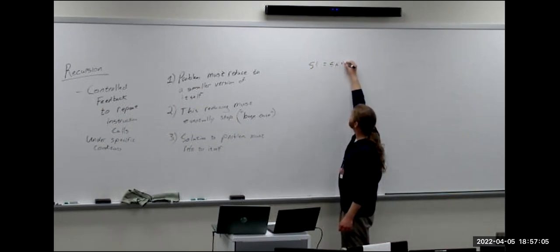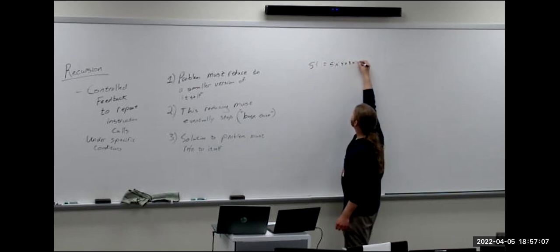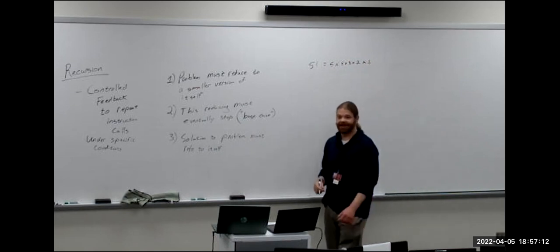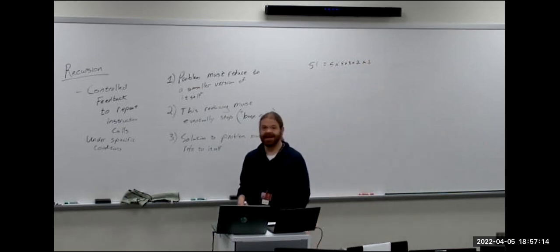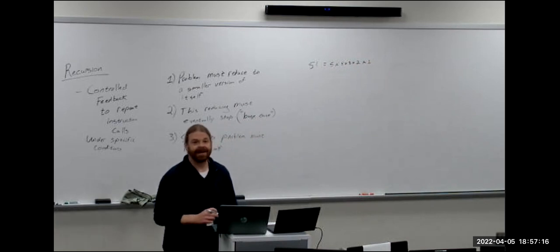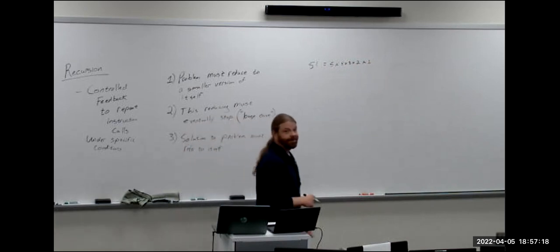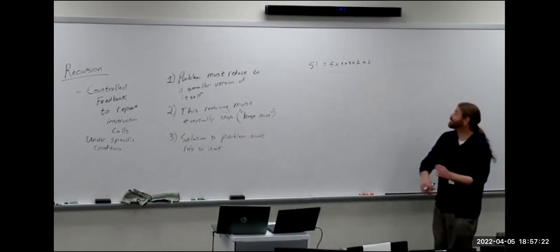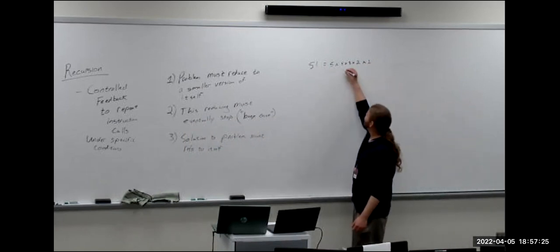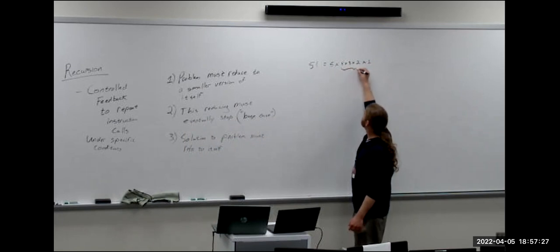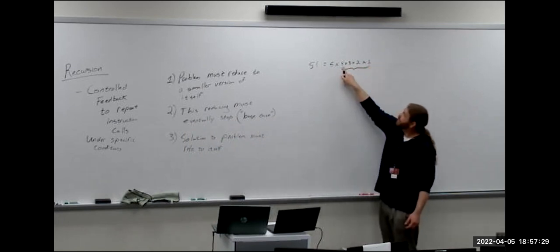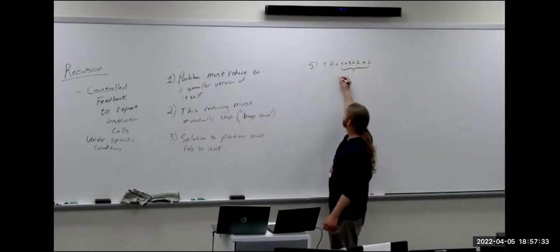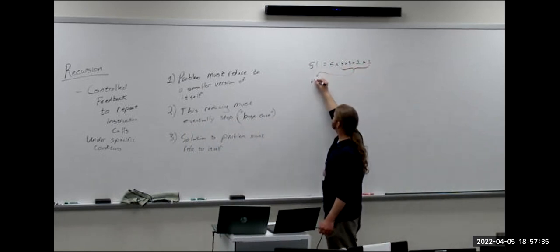So 5 times 4 times 3 times 2 times 1, and really the times 1 there at the end is just because it doesn't make any sense to stop our pattern at 2. If we're going to walk down, we walk all the way down to 1, and times 1 doesn't change anything. But if we look at that next part, 4 times 3 times 2 times 1, that's actually 4 factorial.